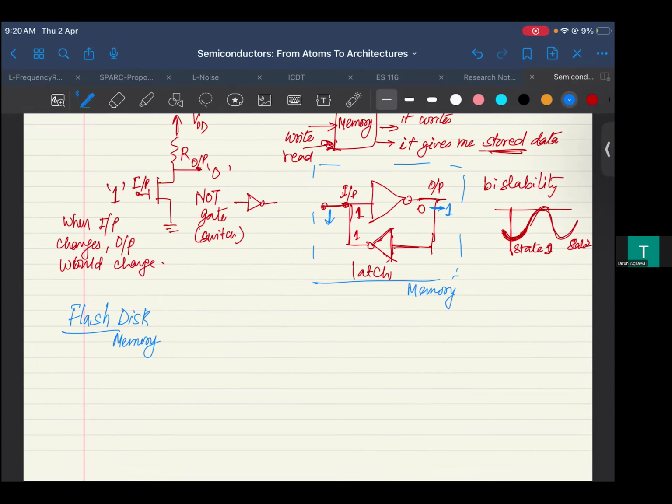So now, what is the memory? What you are doing here is the basic building block of what we call an SRAM cell, right? SRAM is another kind of memory, also known as cache, which you see as level 1, level 2, level 3.